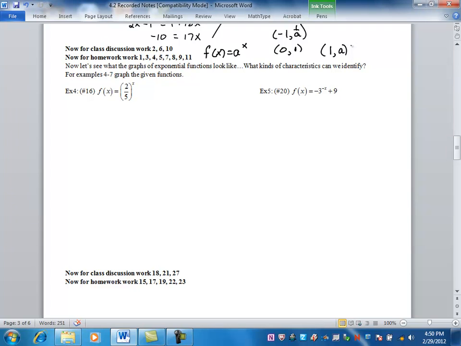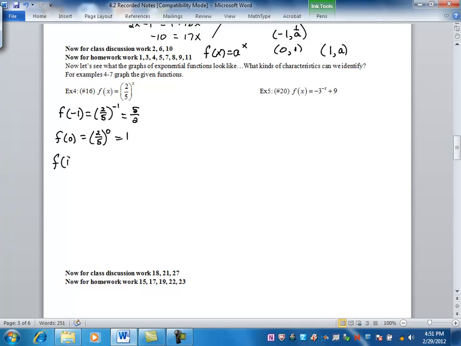And so if we look here at example 4, we've got f of x equal 2/5 to the x power. We get ready to graph this. Well, let's see, f of negative 1 equals 2/5 to the negative 1, or 5/2. f of 0 equals 2/5 to the 0 power, or 1.